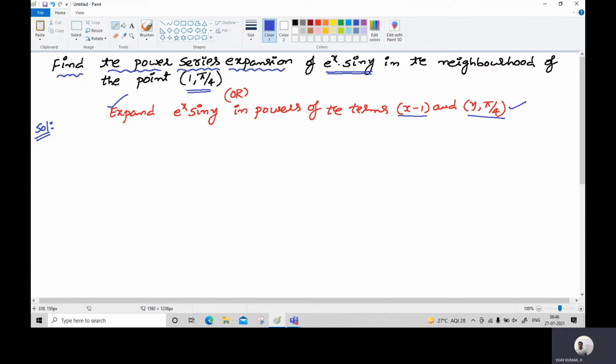See the solution. First of all, we have to write the form of Taylor series expansion of f of x comma y at the point a comma b.